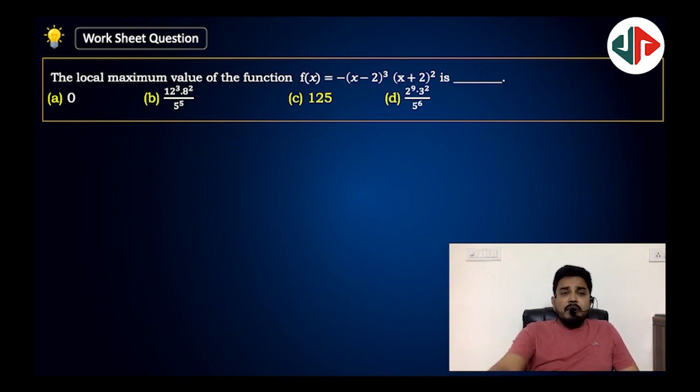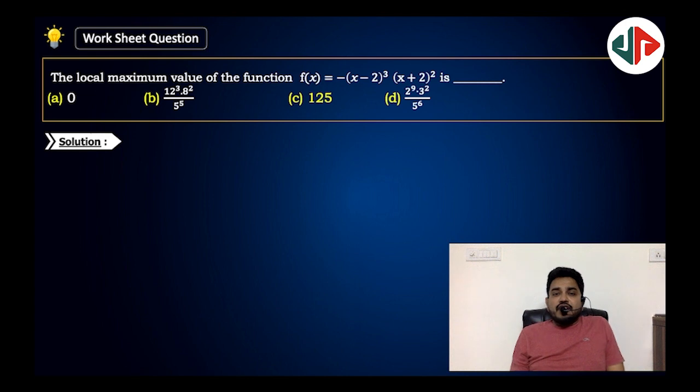The local maximum of the function f of x is equal to minus of x minus 2 whole cube plus x minus x plus 2 whole square is. What is the local maximum of this?